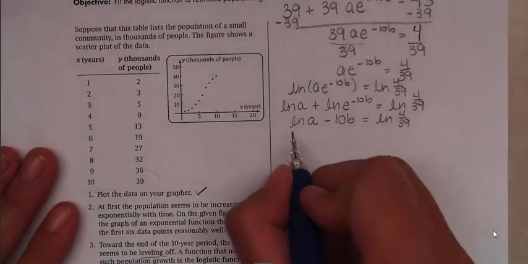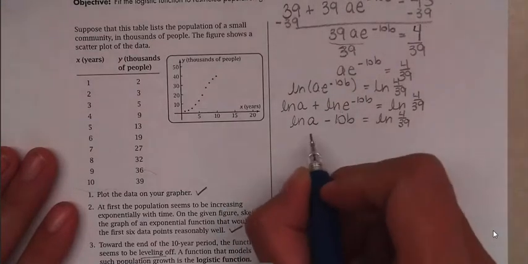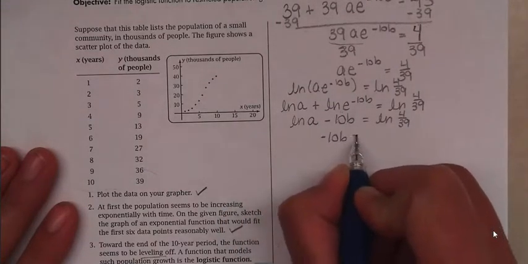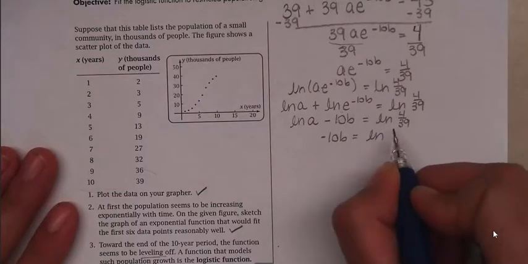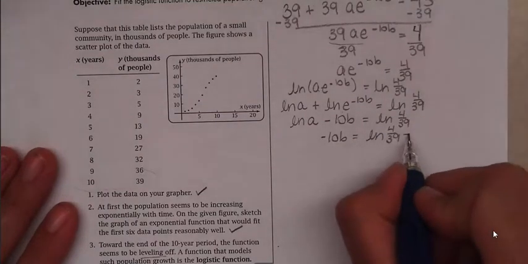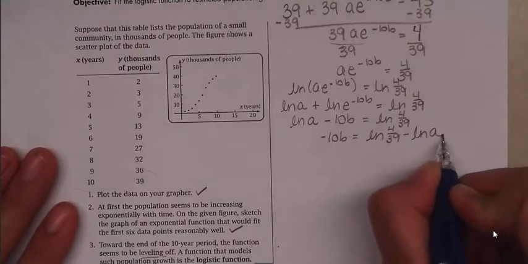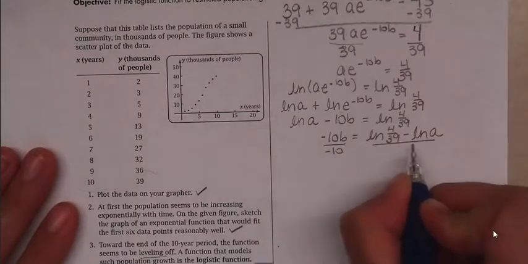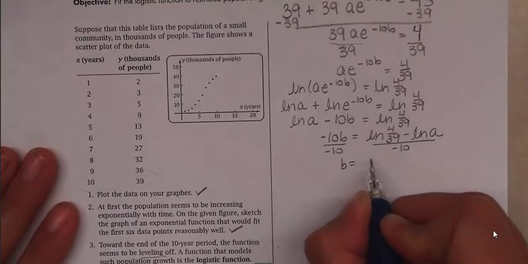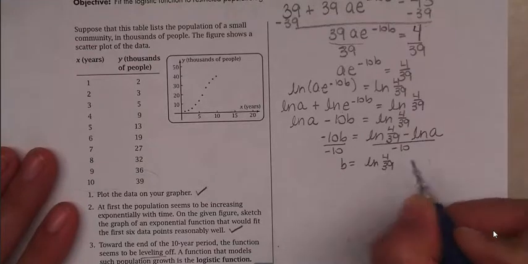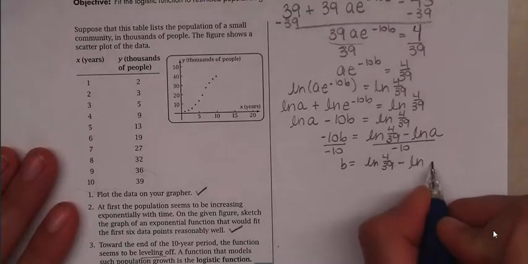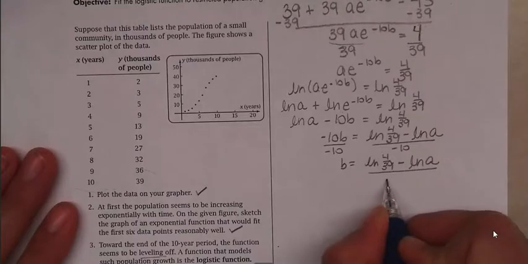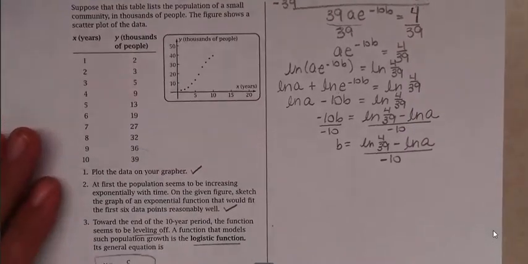Solving for b, I'm going to subtract ln of a from both sides. So I get negative 10b equals the ln of 4/39 minus ln of a, and then dividing everything by negative 10, I get b equals ln of 4 over 39 minus the ln of a, all over negative 10.